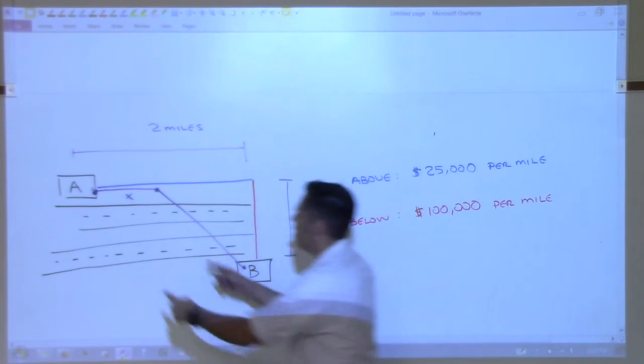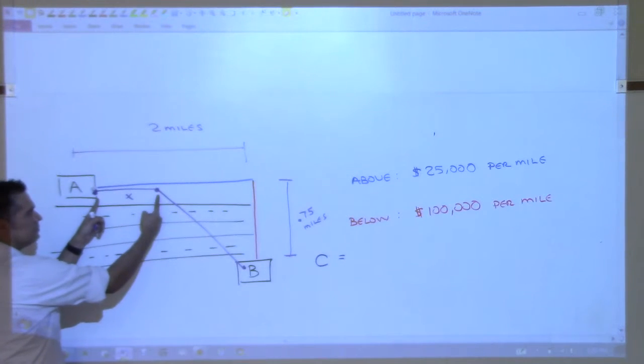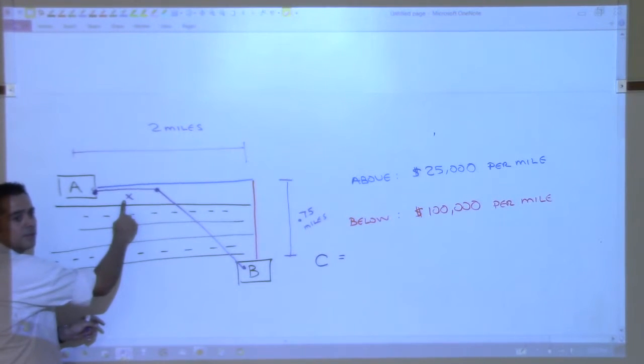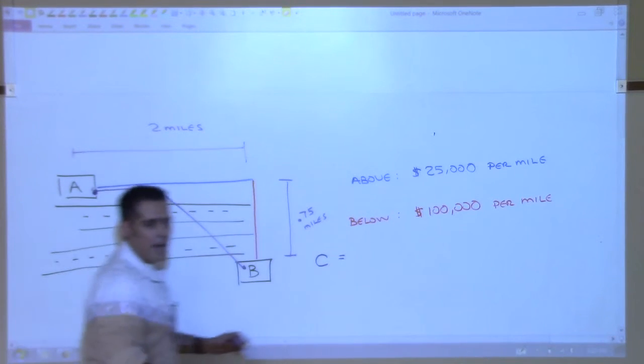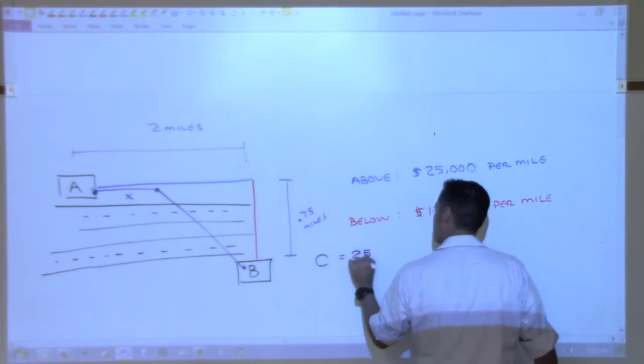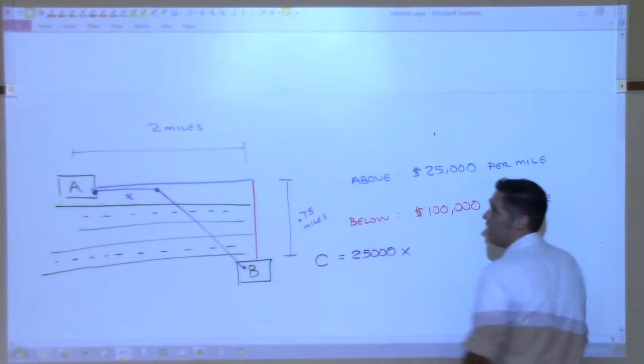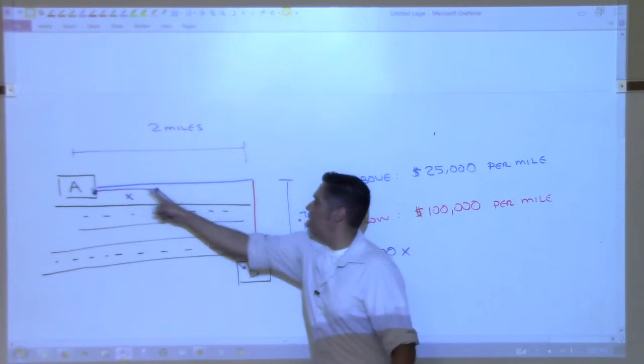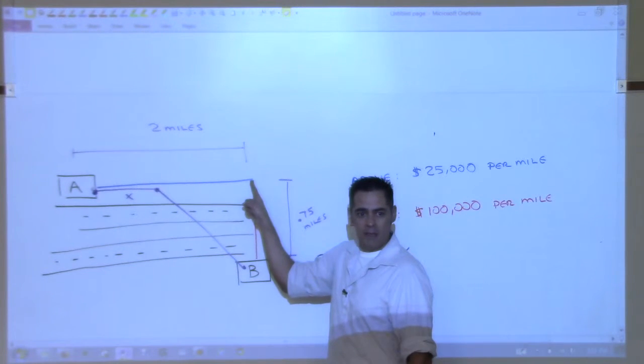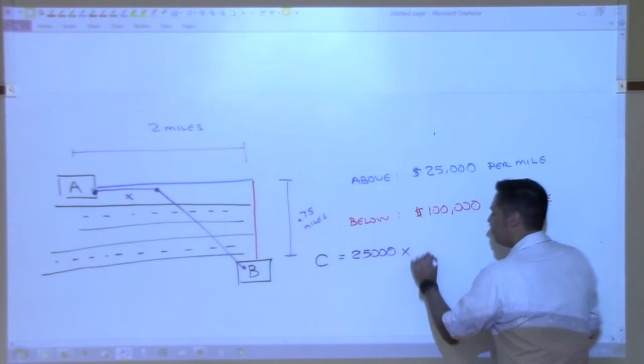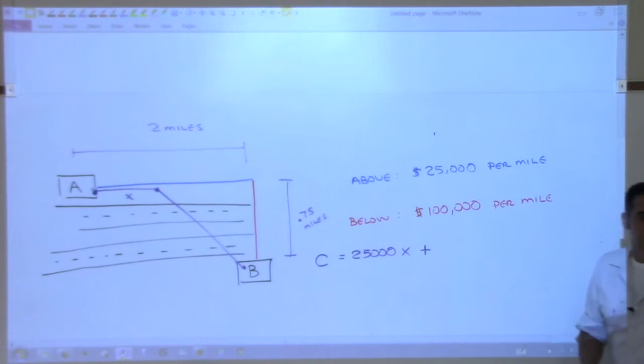Well, let's see. I go how far here? X, and how much am I going to pay to go that far? This is in miles. So 25,000 times X. So if X is 2, that puts me out here. And then plus, now I need the cost to go underground.